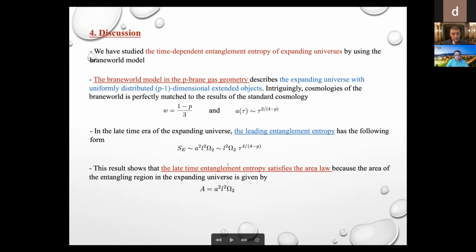Okay, so here I show the dual geometry of the standard cosmology. I constructed some holographic dual of the standard cosmology by using a brane world model.